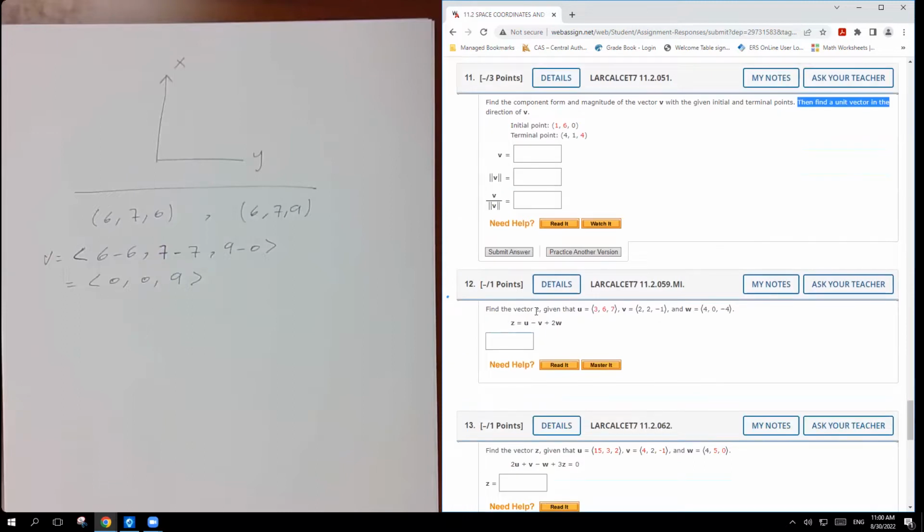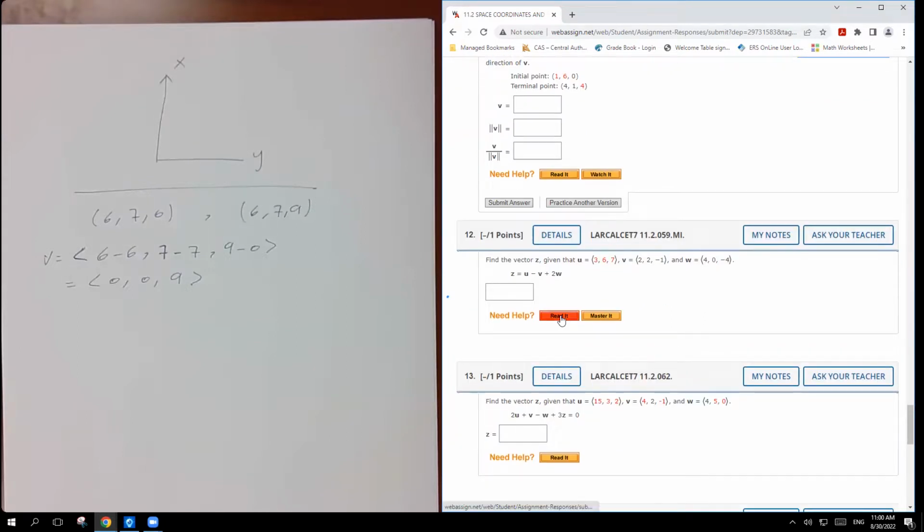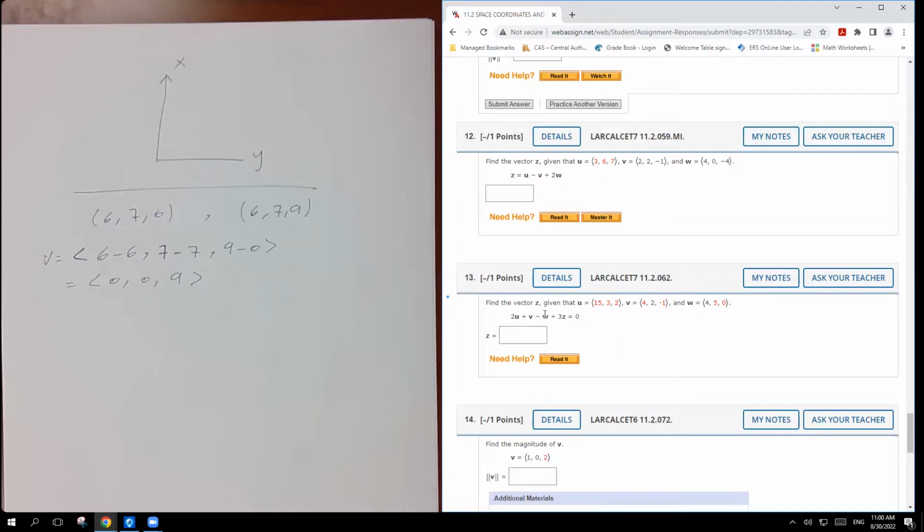Find the vector Z given that here's U, here's V, and here's W. Z is equal to U minus V plus 2W. You're just going to add, subtract, and multiply, so that's not hard. Find the vector Z given U, V, and W, and you're going to do exactly the same thing. But be careful here.